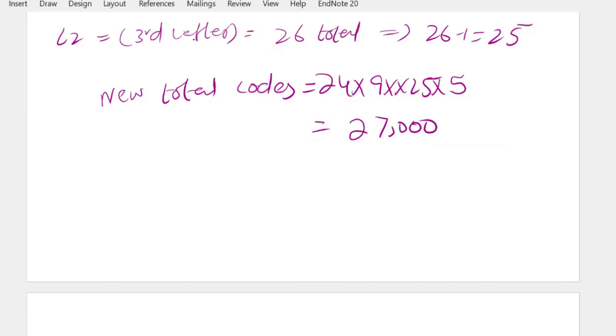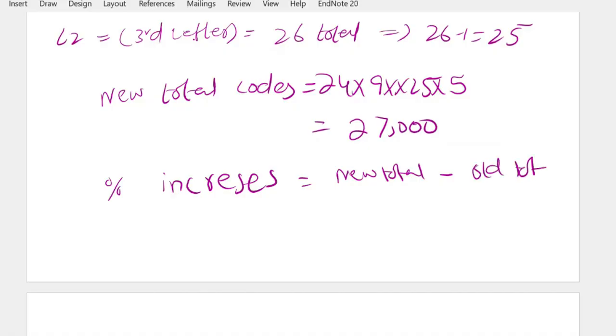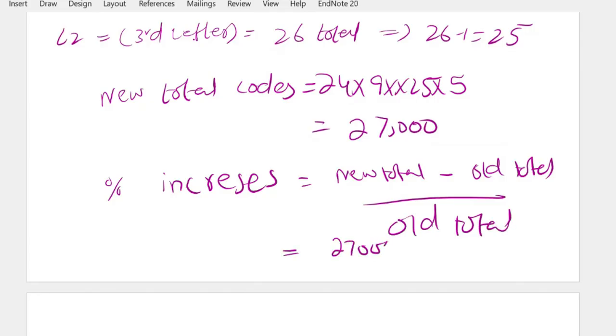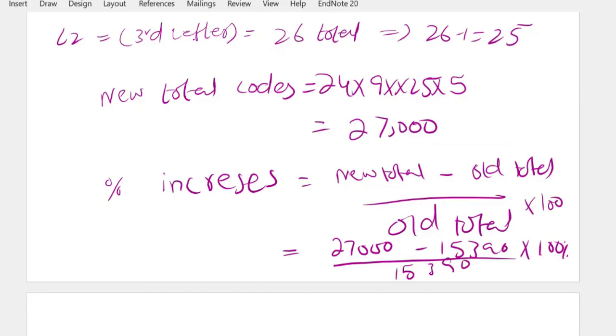So the percentage increase is the new total minus the old total, divided by the old total. So 27,000 minus 15,390, divided by 15,390, multiplied by 100 percent.